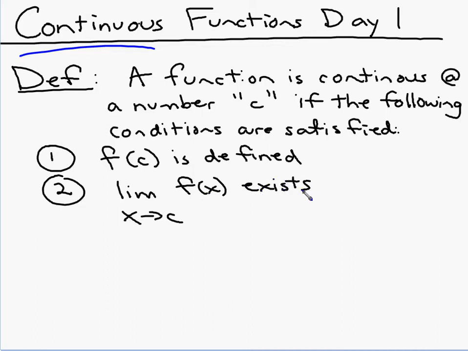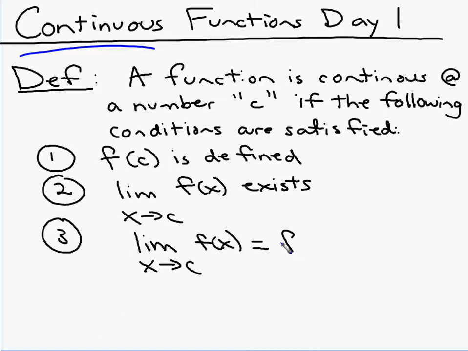That's the second thing that must be true for it to be continuous. And then the third thing is that the limit of that function as we approach C must be the value of the function there. Must be f of C. All right?